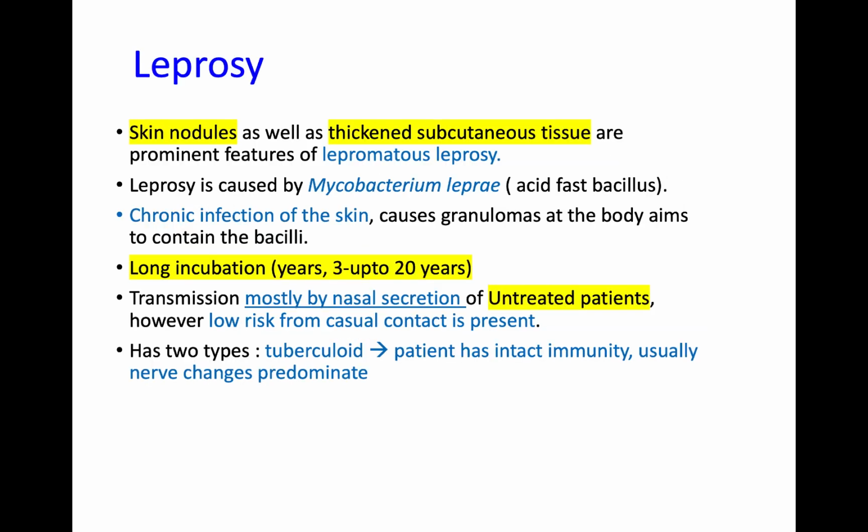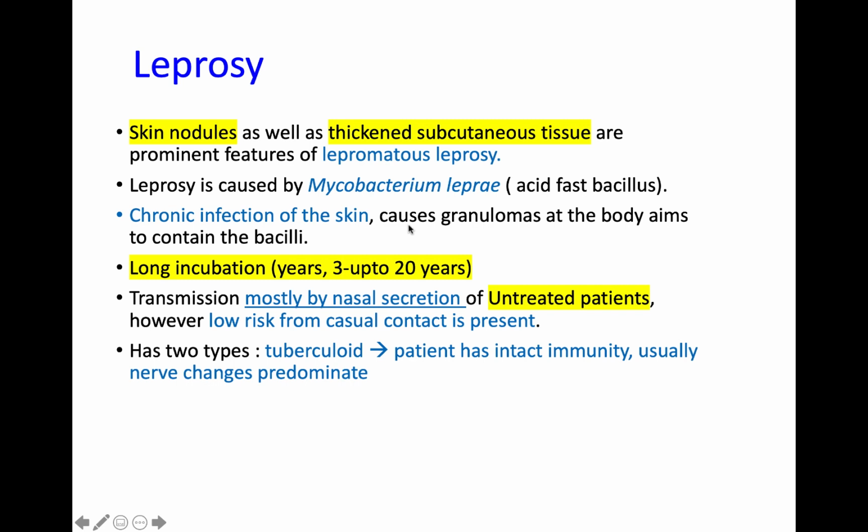Leprosy, which is a mycobacteria. So this is a mycobacteria, again requires lower temperature, so it lives in the skin nodules. But this has a very long incubation period. It takes years to develop. Leprosy is caused by Mycobacterium leprae.